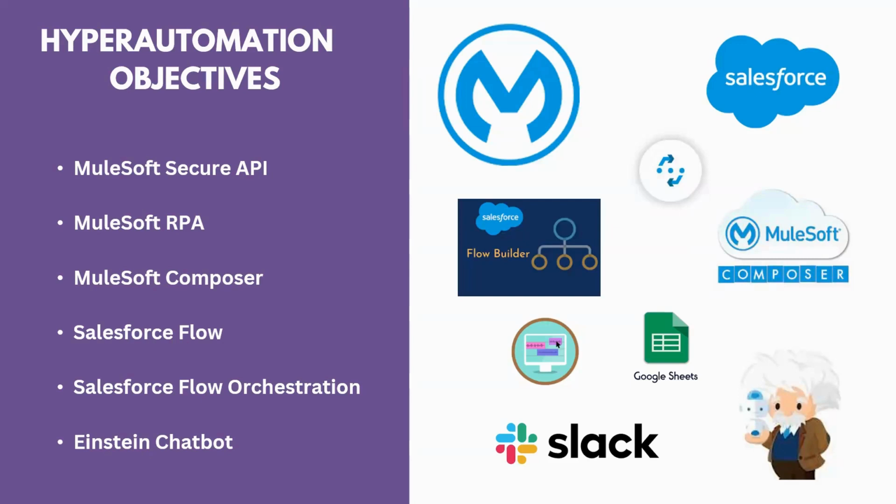Then we came back around and I think we actually did Salesforce Flow next. It doesn't matter. Anyway, we'll talk about Composer next, because then we got into Composer, and Composer gave us that opportunity to really interact between the MuleSoft API, the bot, Slack, Google Sheets.